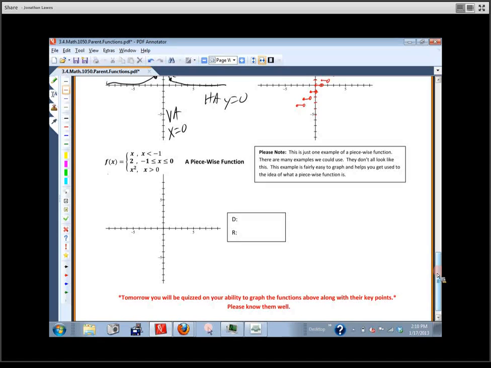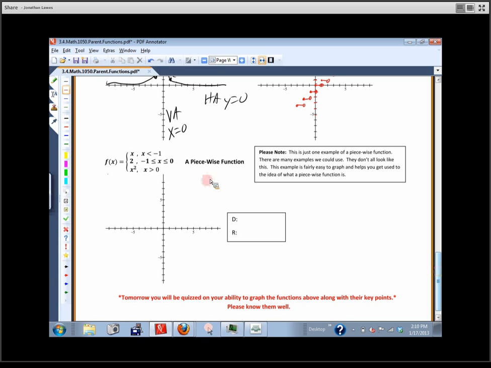We do that in calculus. In the next section, we're going to take every one of these and do transformations with them. So we're going to slide them left, right, up, down, stretch them, shrink them, all that sort of stuff. So we will use them again. But for right now, you just have to know the basic shapes. Okay? Anything else?